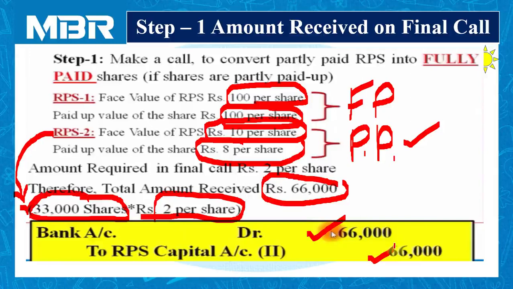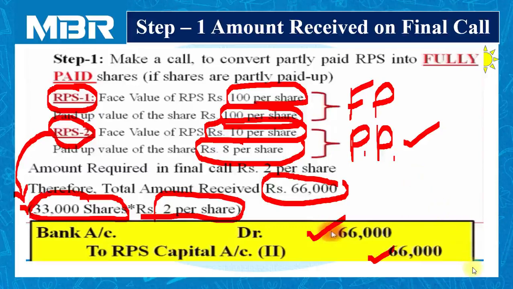But we have to identify everyone or everything with a specific name. So for the purpose of identification, I have used RPS 1 for type 1 share and RPS 2 for type 2 share. In this way, we have to calculate for both types of preference shares.